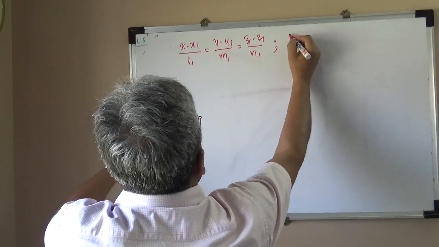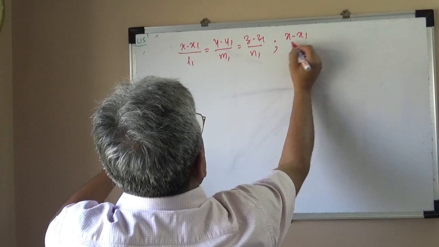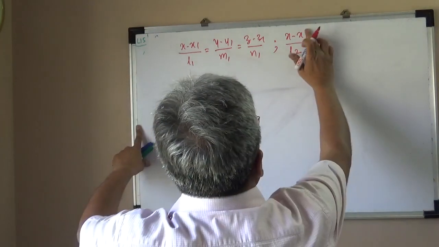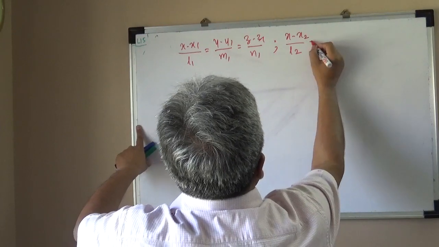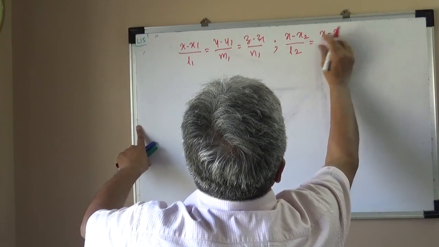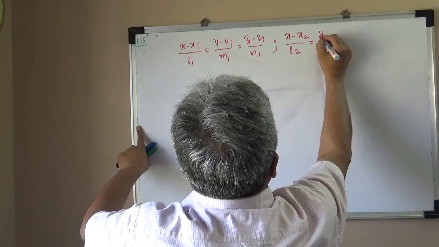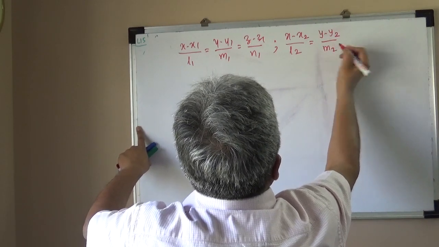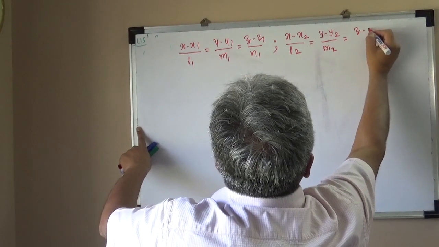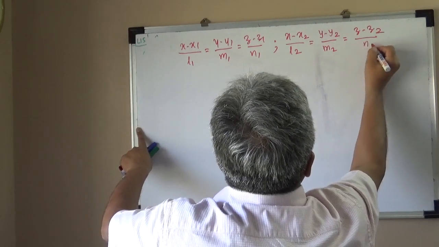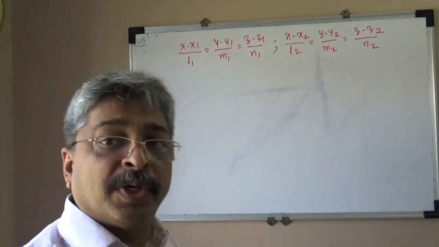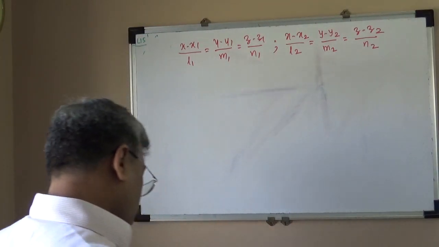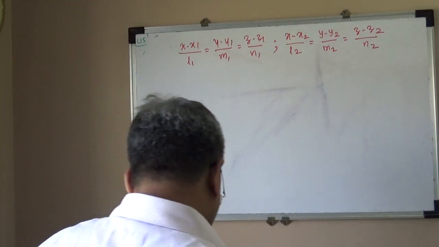This is one line, and second, x minus x2 upon l2, it need not be x1, it should be some other point, is equal to y minus y2 upon m2 is equal to z minus z2 upon n2. Suppose these two lines are given to us and we want to check whether these two lines are coplanar or not.